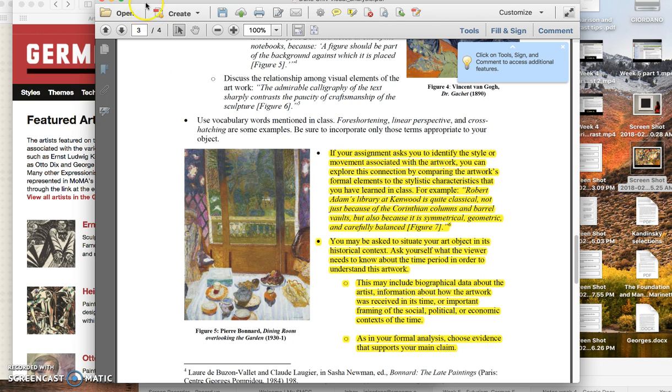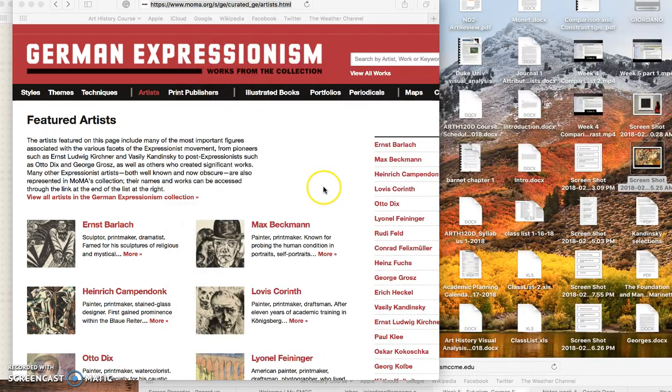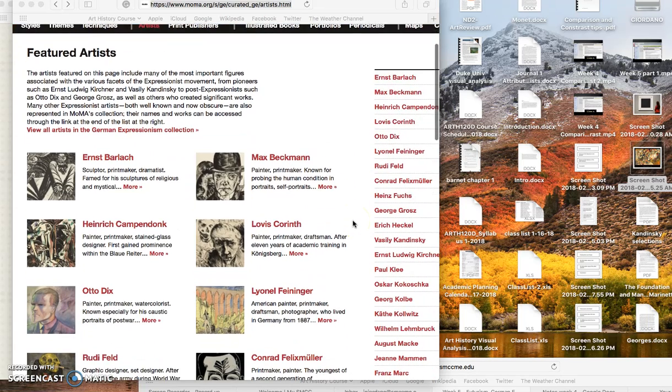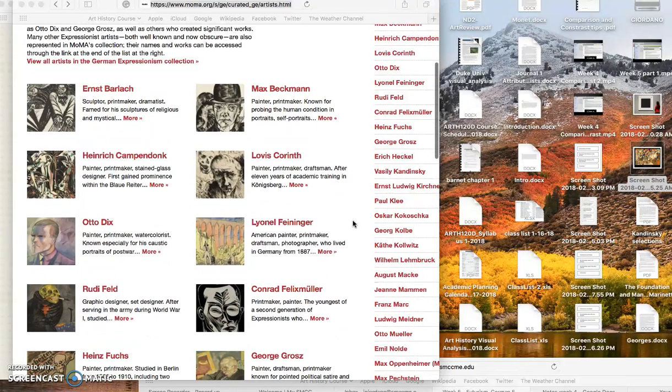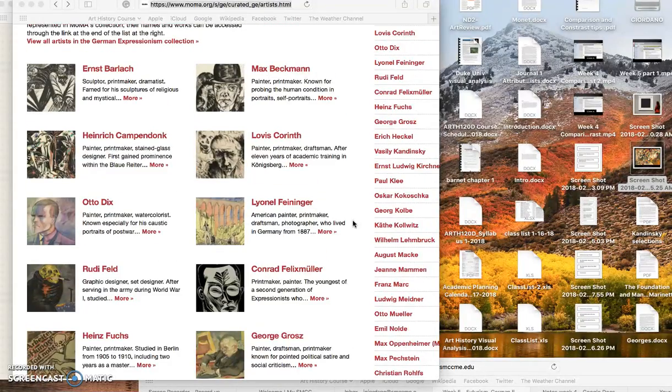All right, so what do you expect to do? We're asking you to go to this website from the Museum of Modern Art, and go into their German Expressionist collection, look through the artists that catch your eye. Try to look through a lot of them if you can. They're really interesting.